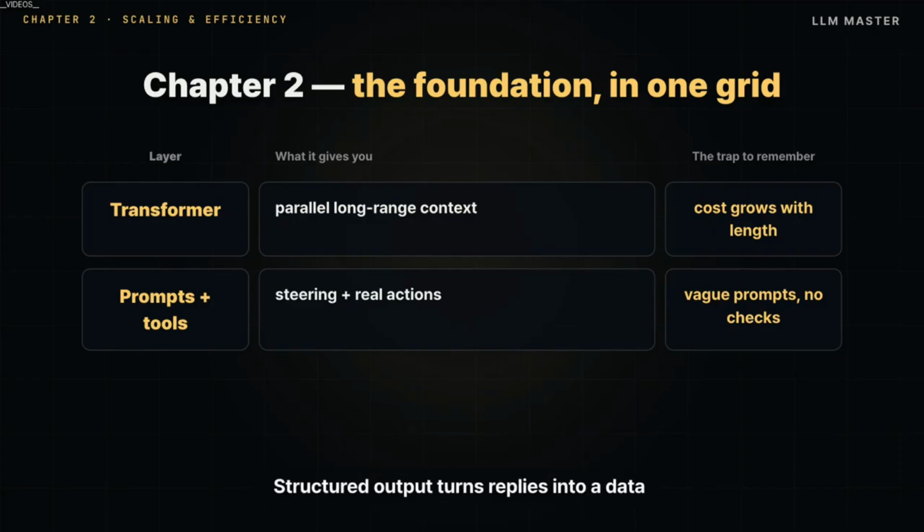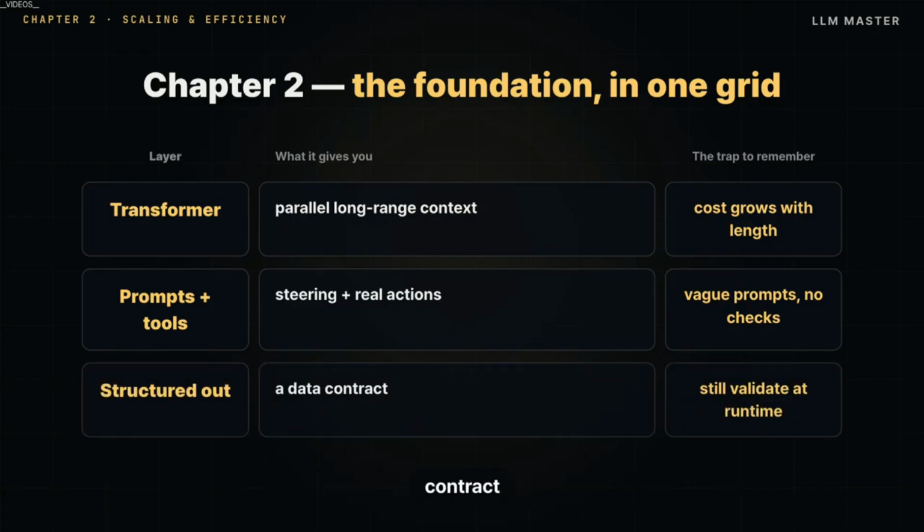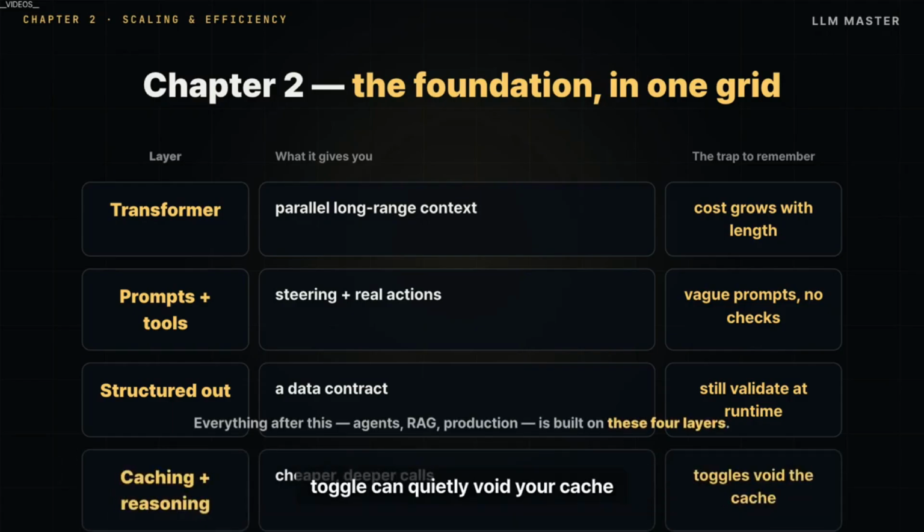Structured output turns replies into a data contract, but only if you still check that contract at runtime. And caching and reasoning are the efficiency layer that decides what your system costs to run, as long as you remember that the wrong toggle can quietly void your cache. Every chapter after this one, agents, retrieval, production, deployment, is built directly on these pieces. Get comfortable here, and the rest of the course clicks into place.